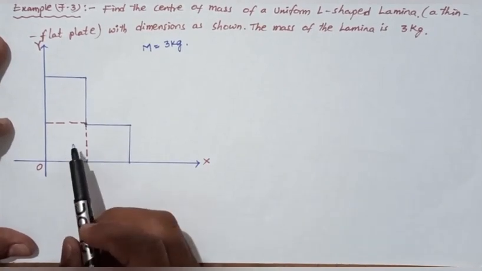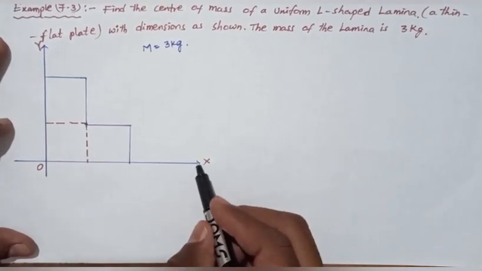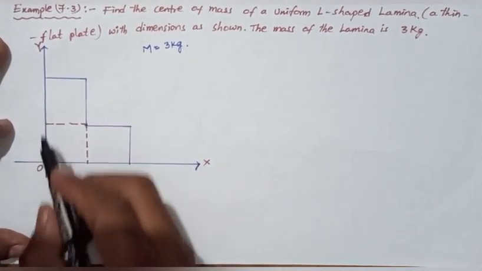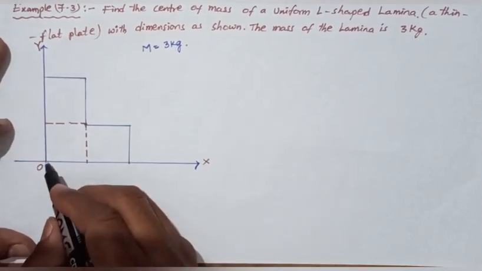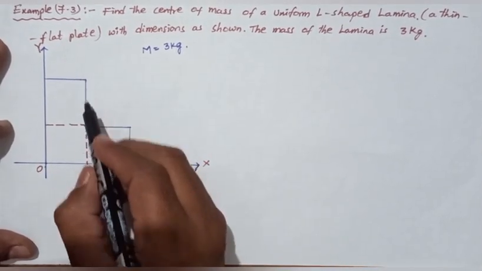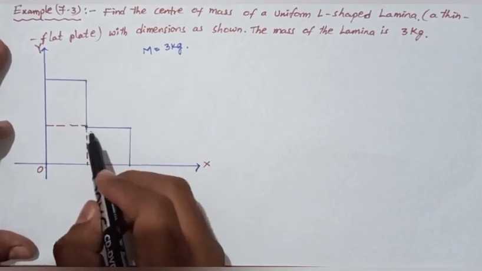Here I draw the x-axis and y-axis. On the axes, this is the lamina shape, an L shape.